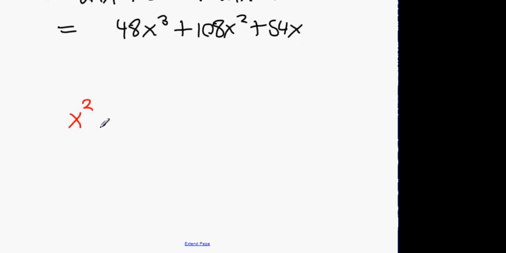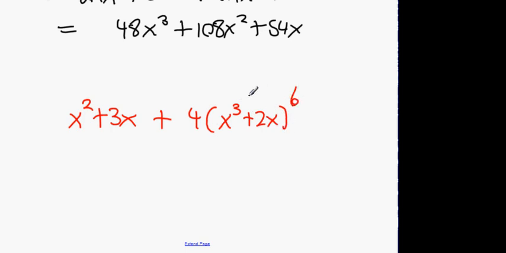Yeah. And another one, so let's say for example we had something like this: x squared plus 3x, okay? And then we had 4 multiplied by x to the power 3 plus 2x to the power 6. When I multiply that out, it's going to be massive powers of x, so it's not worth doing. If I had it to the power of 1, it's probably worth doing out. To the power of 2, I'm going to have x to the power of 6.